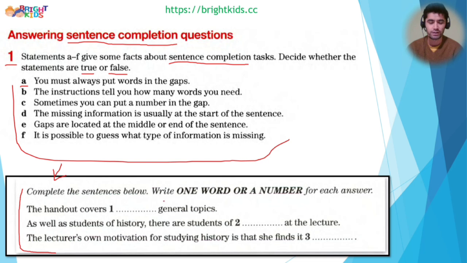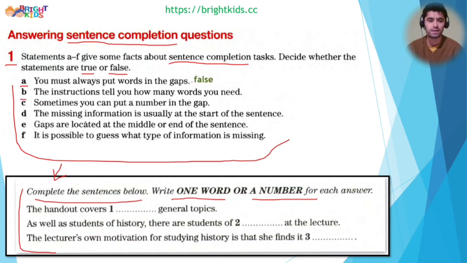Now let's take a look at these questions. It says complete the sentences below, write one word or a number. So which means we don't always put words in the gaps. Sometimes we put numbers as well. So this statement is false.